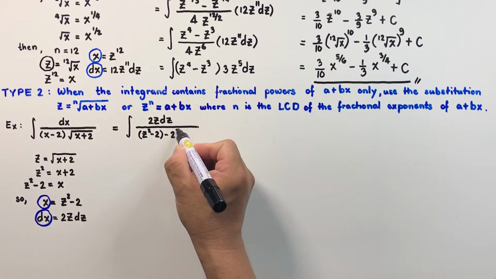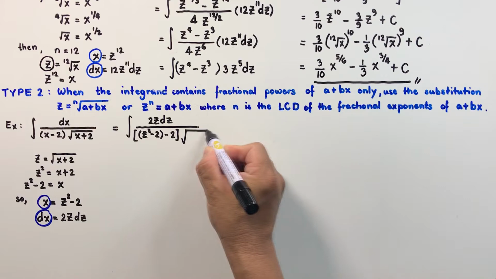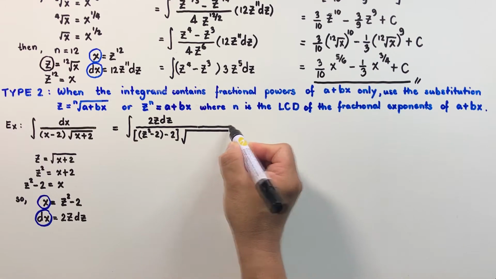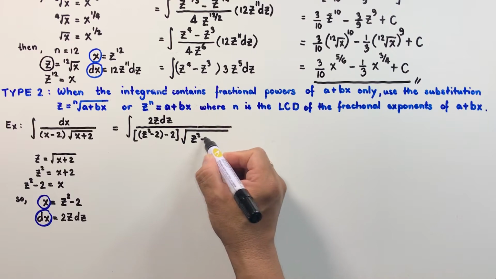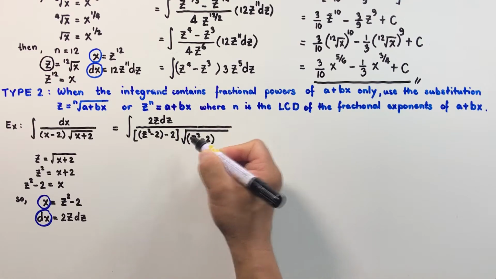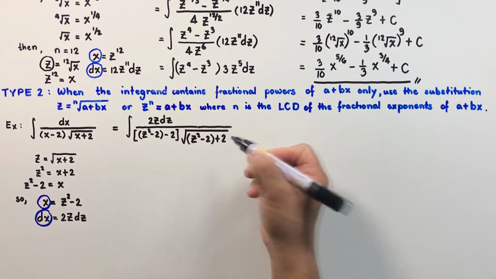And the whole expression will be multiplied by the square root of our x. And our x is z squared minus 2. And z squared minus 2, which is the value of x, will be added by 2 here.